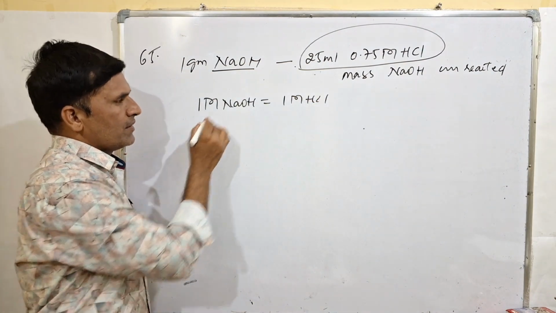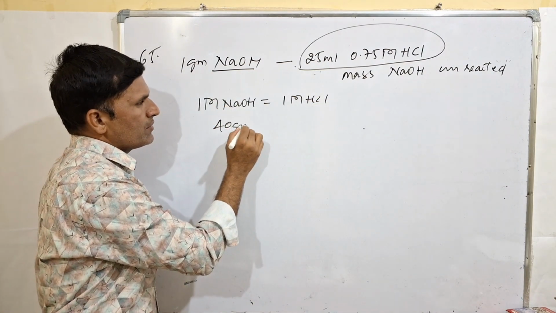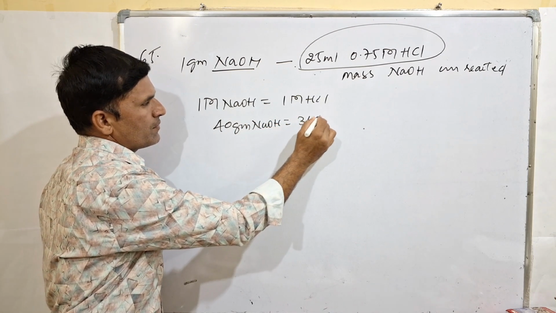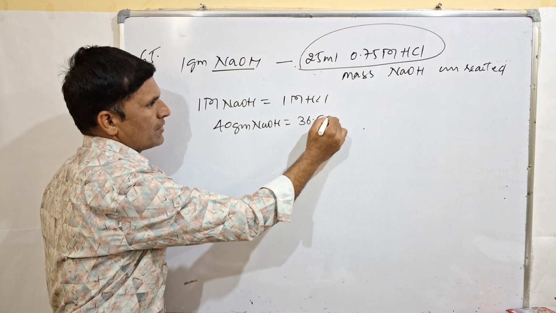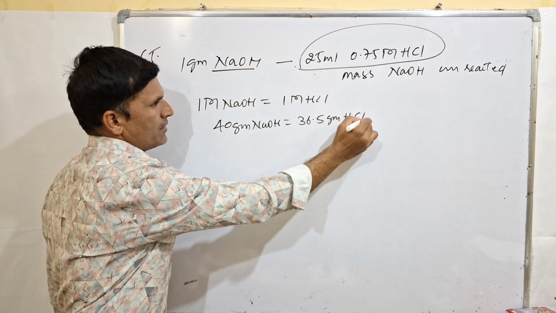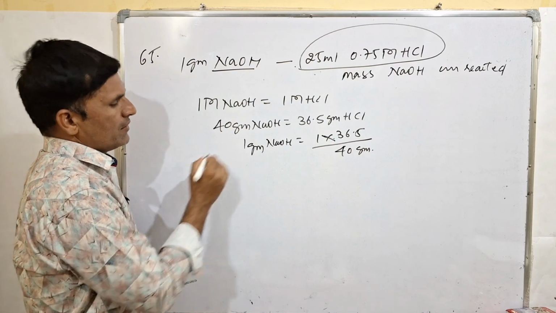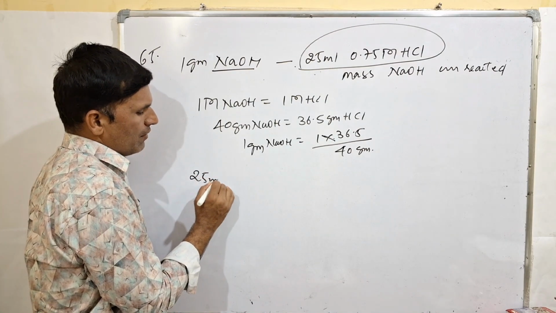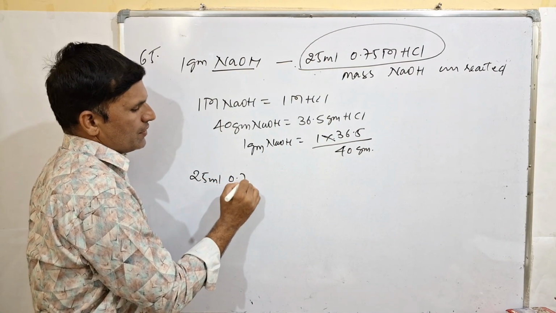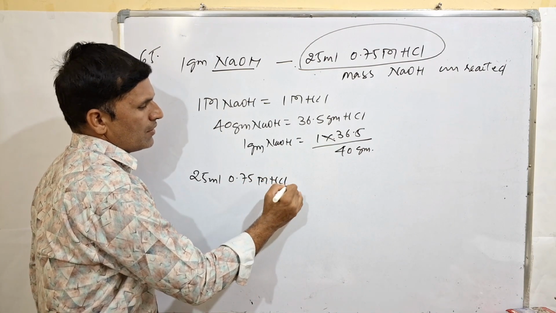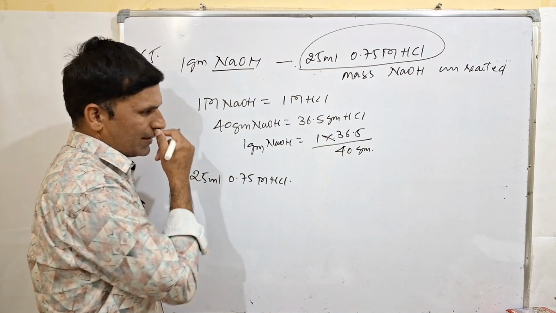You should remember this. 1 mole means 40 grams of NaOH is equal to 36.5 grams of HCl. We will keep it here only. Next, 25 ml of 0.75 molar HCl corresponds to how many grams, that we will check.